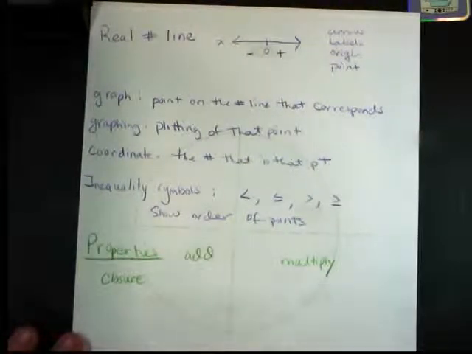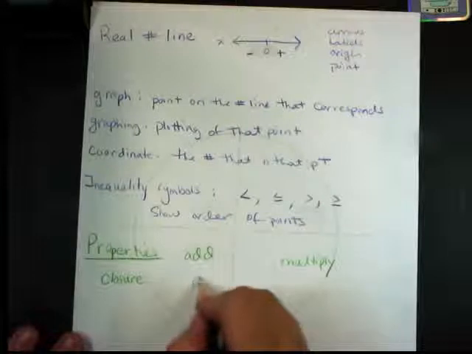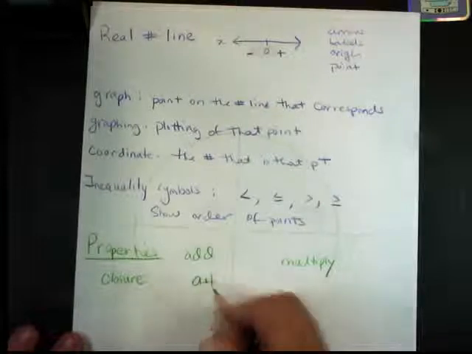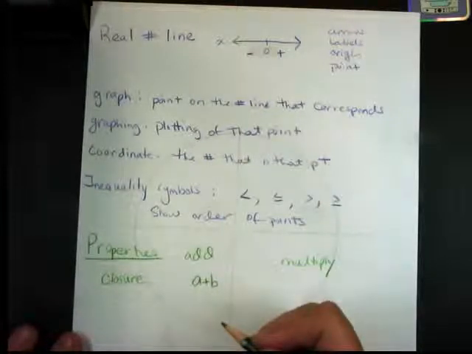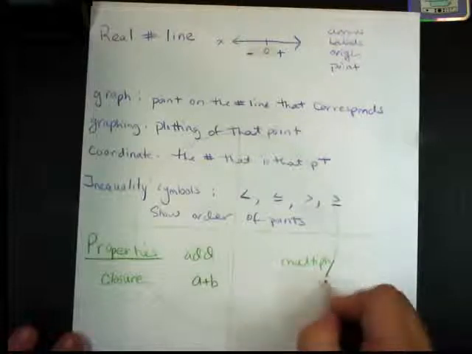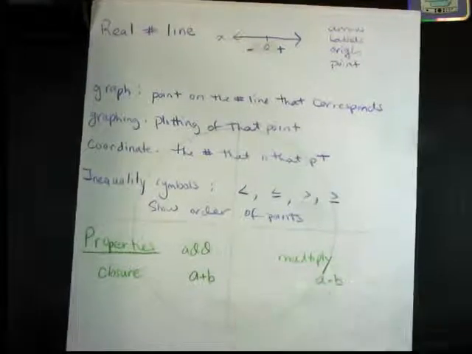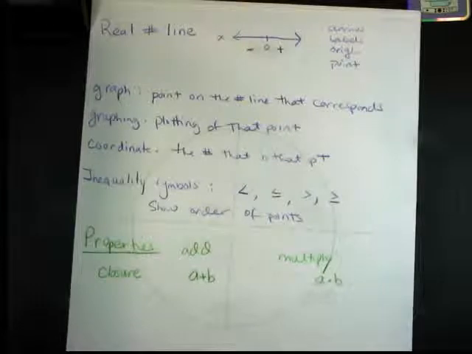The closure property says any two things added together is the same value. Same thing with multiply. Any two things multiplied will always give you the same value. 1 plus 2 is 3, always and forever. There's absolutely no other way that you can do it. 1 times 2 is 2, always going to be 2 no matter what. There's nothing else you can do about it.